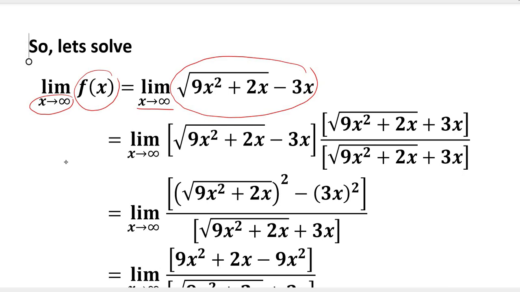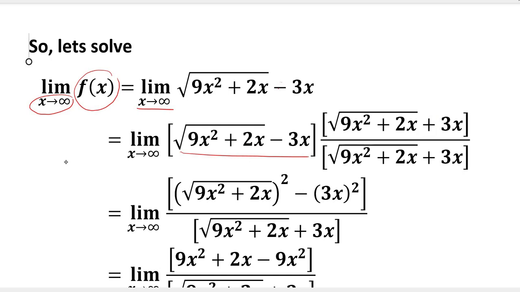If you have a minus over here, the additive inverse has a plus, and if it's a plus here, then the additive inverse has a minus. So the conjugate of this function is the square root of 9x squared plus 2x, plus 3x.